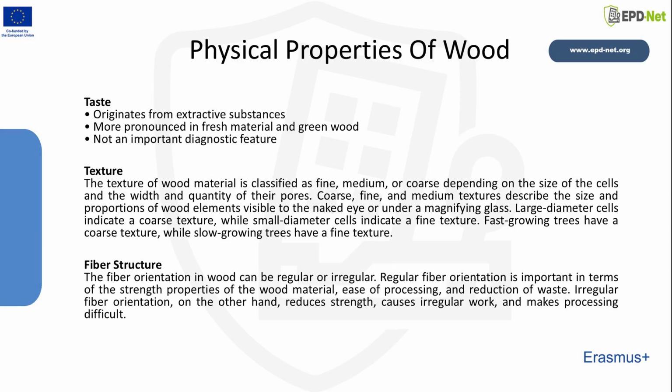Taste, texture, and fiber structure are also included among the physical properties of wood. Taste originates from extractive substances and is more pronounced in fresh material and green wood. However, it is generally not an important diagnostic feature in architectural practice. Texture is much more significant.